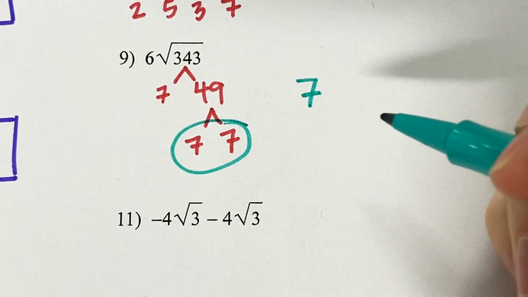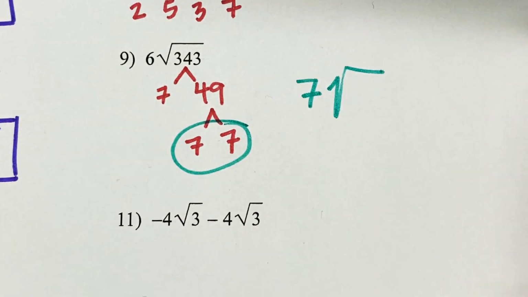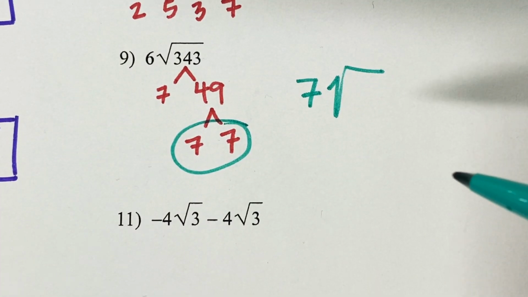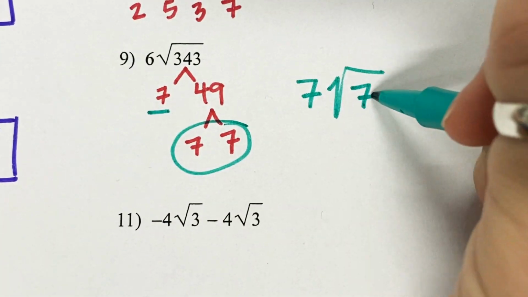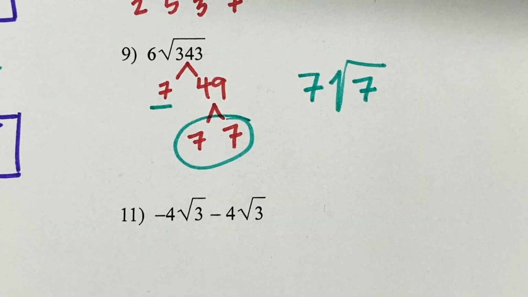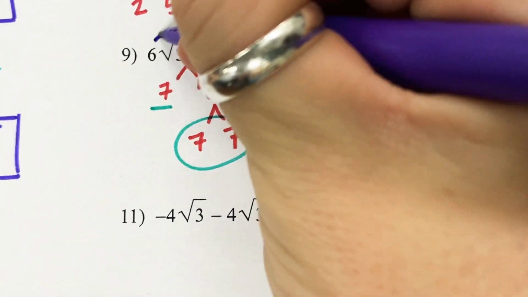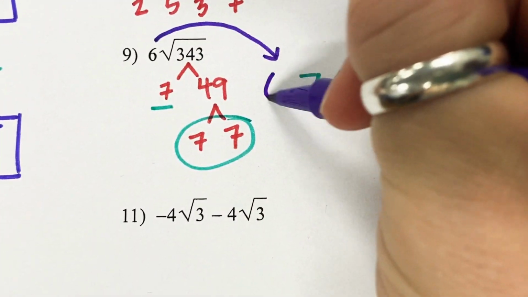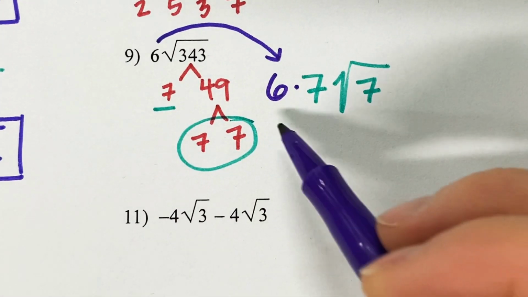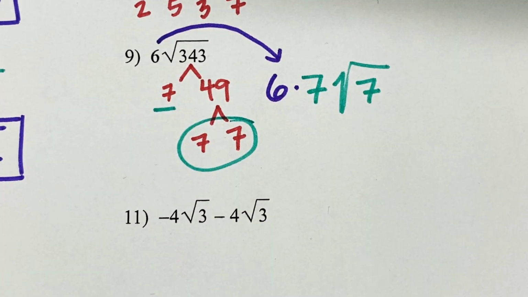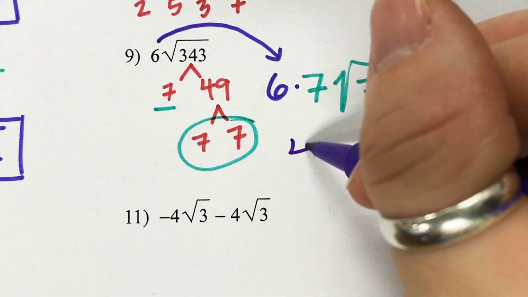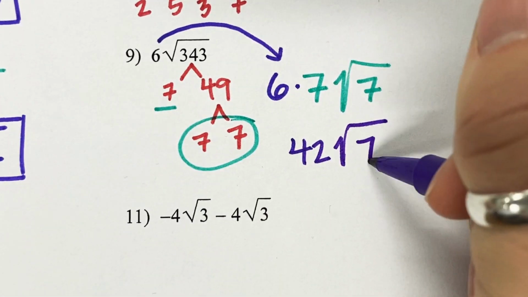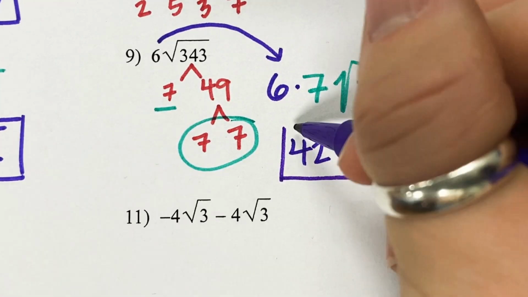One couple of 7 got to leave. What had to stay inside? 1 7. Okay, but we're not done yet because remember there was already a couple that was outside the radical waiting to multiply. Okay, so now we have 6 times 7, we're multiplying. That's going to give me 42 on the outside and root 7 still on the inside.